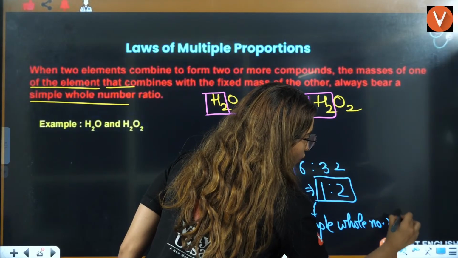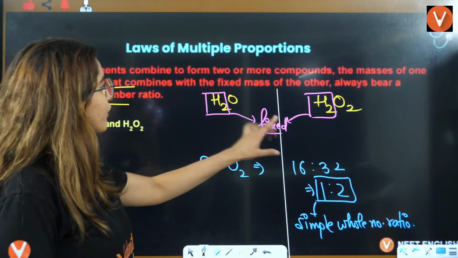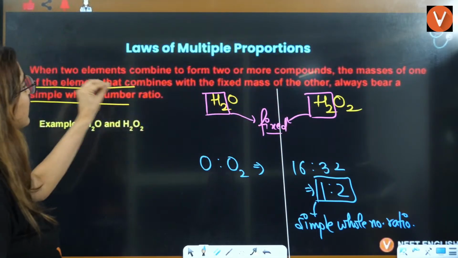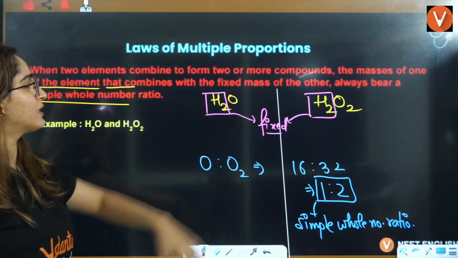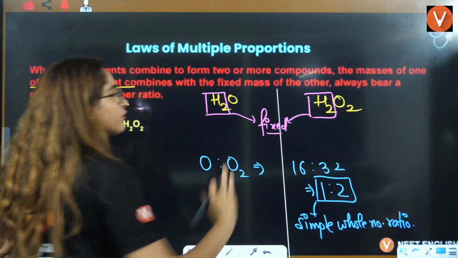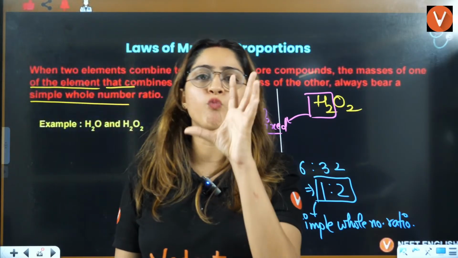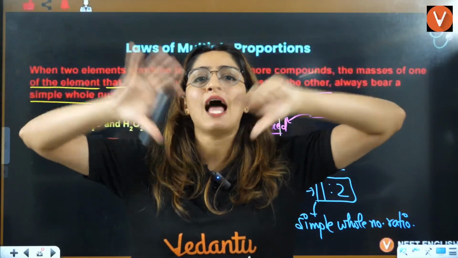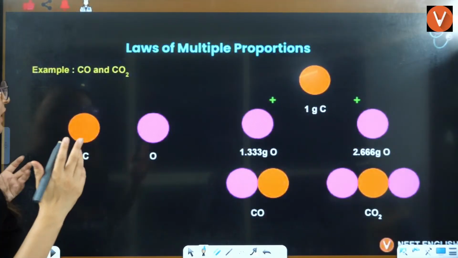Okay? So when you fix the mass of one of the elements that combines with fixed mass of other, this element and this element will bear a simple whole number ratio. What you have to do, fix the mass of one thing, then other thing will have a simple whole number ratio. I'll tell you this with the help of one more example.